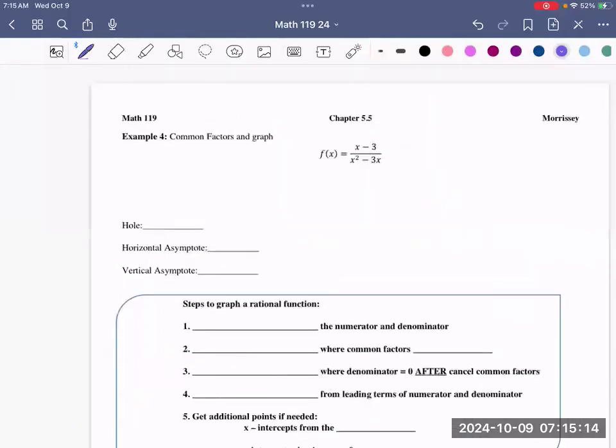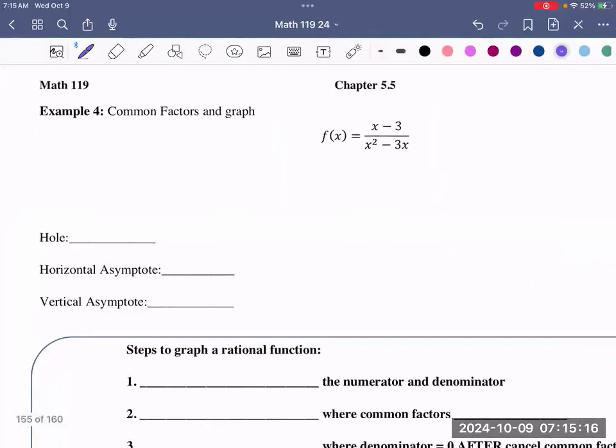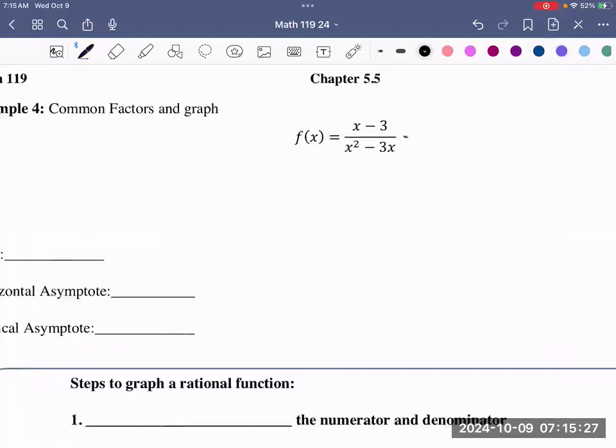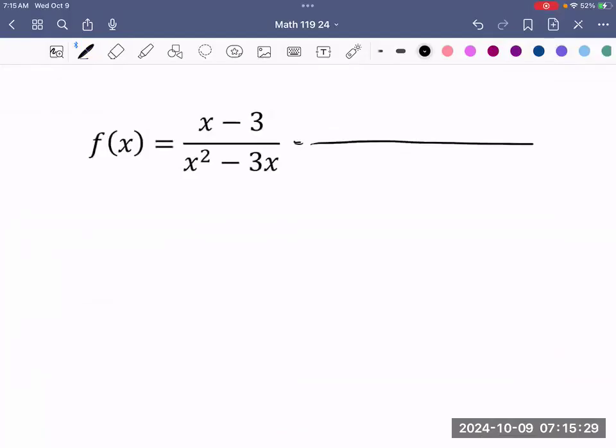So let's have you practice on this one. Find the common factors, and then we'll go ahead and graph. Down below, we definitely want to factor. I'm hoping that you pause the video and you're just now resuming. So we factor the bottom.